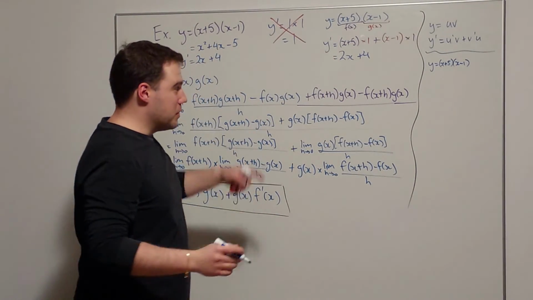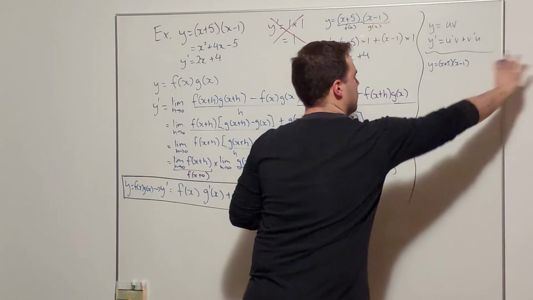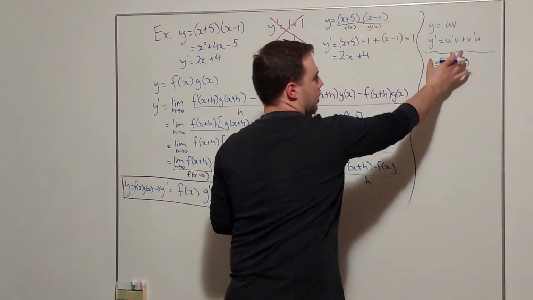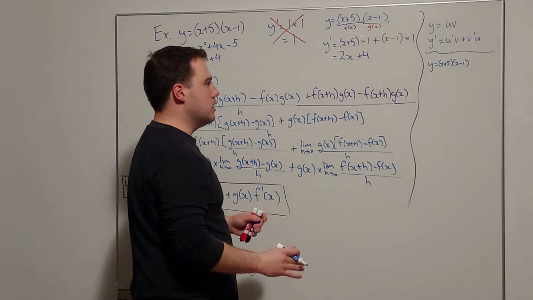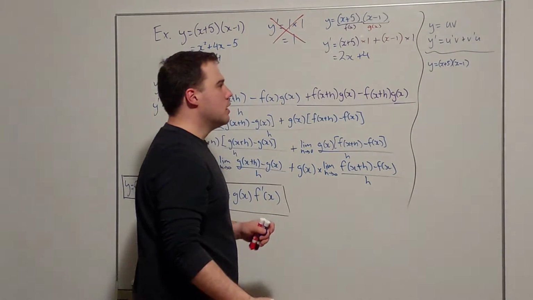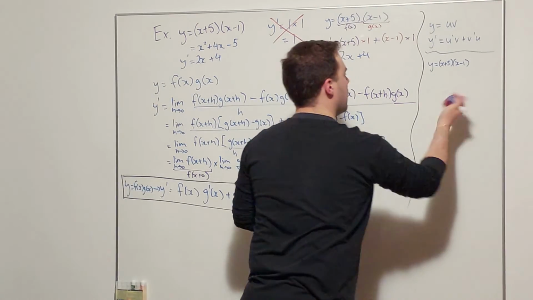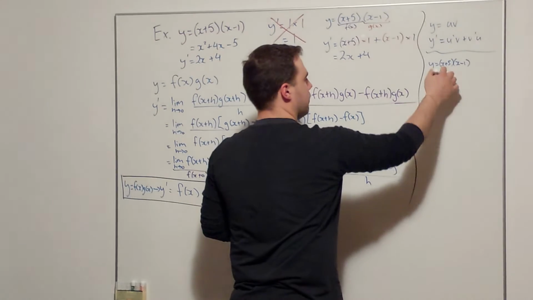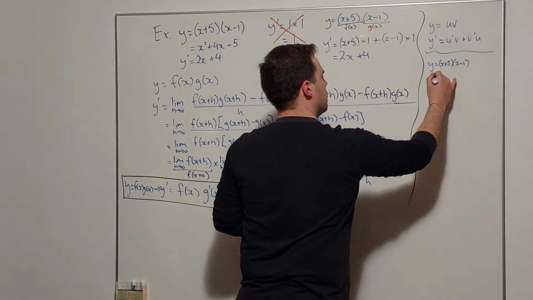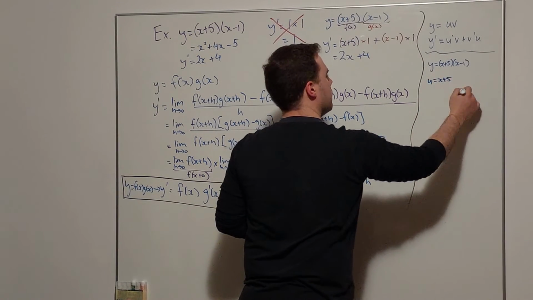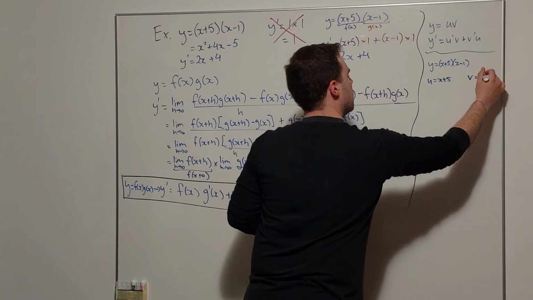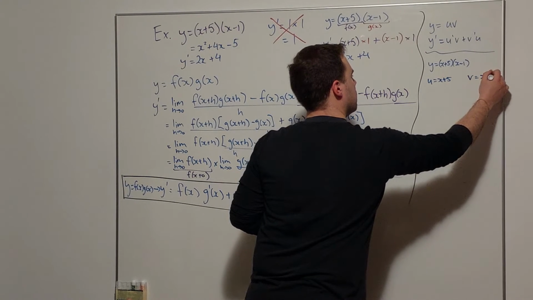Okay, normally with a bit of space, I'd do this off to the side, so I can keep doing my derivative down the page in case there are more algebraic steps after the fact. So I normally do this off to the side, but we'll just identify the first factor: u equals x plus 5, v equals x minus 1.